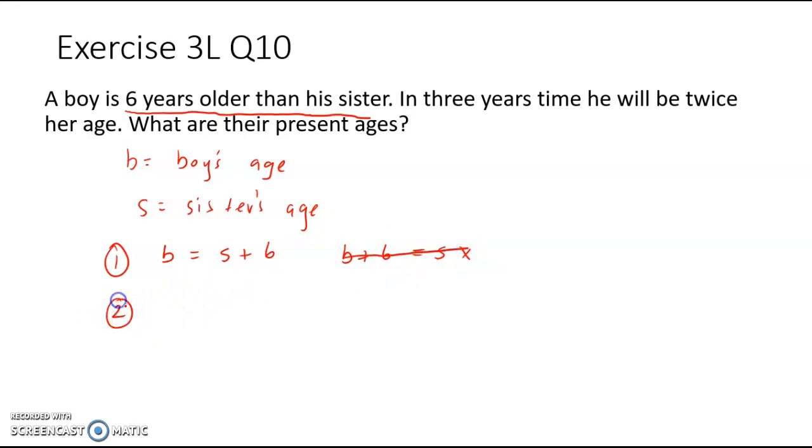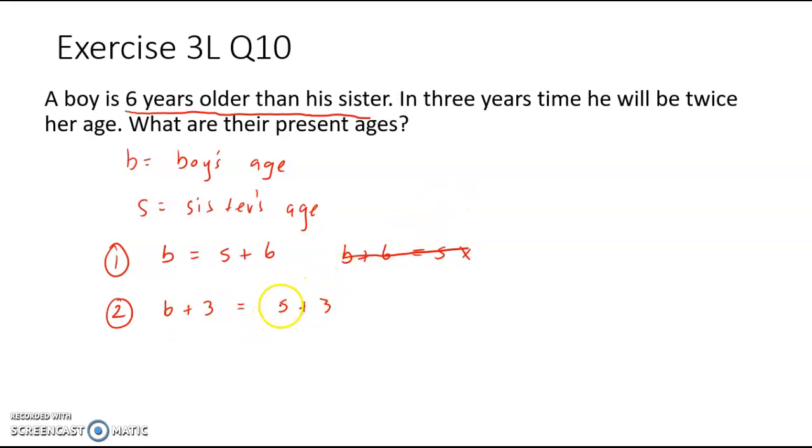Our second equation. Okay, let's think through this. In 3 years' time, he'll be twice her age. What are their present ages? So the boy's age plus 3 is equal to the sister's age plus 3. That's true. In 3 years' time, if I'm adding 3 onto both their ages, that's true.